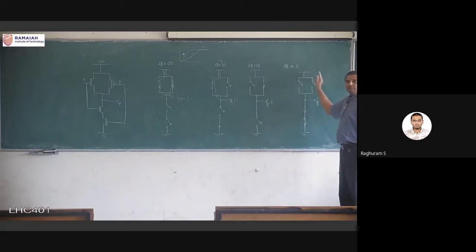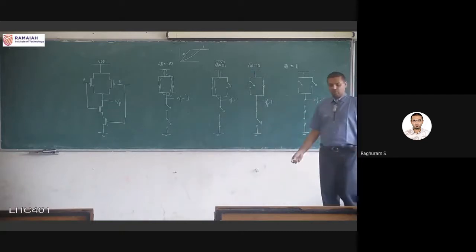It is completely disconnected through both the parallel branches, and both the NMOS transistors are conducting. Output equal to 0. Of course, this is logic 0 or ground.